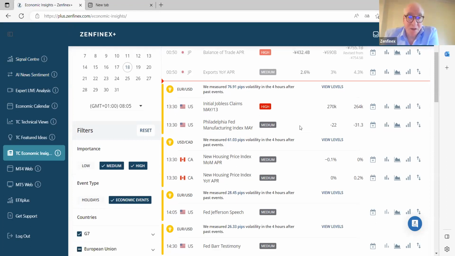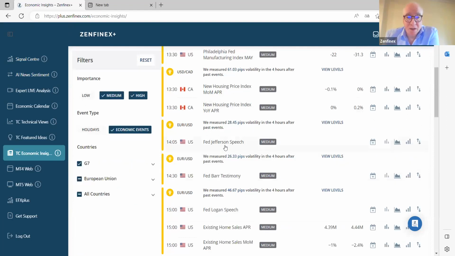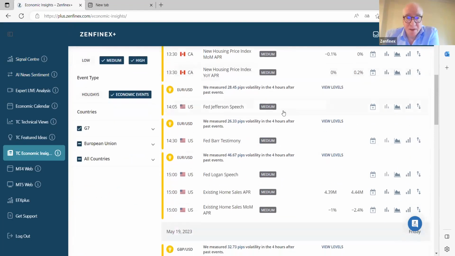So big important news items move not just, for example, the US dollar. It will have possible impacts on commodities, oil, and such like. There's some Canadian news coming out at 1:30. And apart from that, there are some speeches coming out from the Fed.